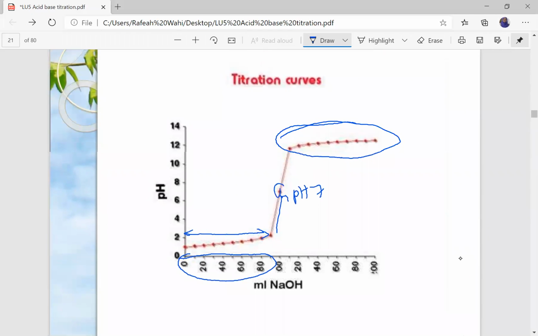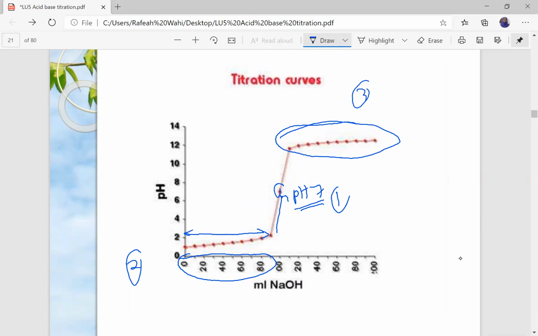So this is basically how you construct a titration curve for a strong acid and strong base titration. There are some important points that you have to take note of. Point number 1, at the equivalence point for strong acid and strong base titration, it is always pH 7. Point number 2, before the equivalence point, you have to calculate the excess hydronium ion, and you know that the pH is less than 7.